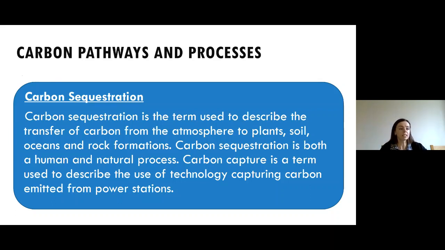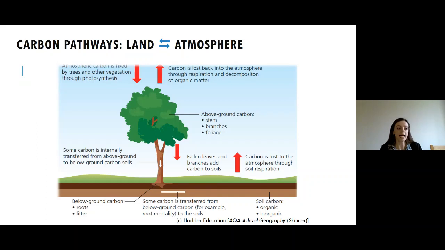Now, firstly, we will look at how carbon is exchanged between the atmosphere and the land. Vegetation plays an extremely important role here. You would have learned this firstly in GCSE Science and GCSE Geography prior to A-level, and the role vegetation plays in carbon sequestration.